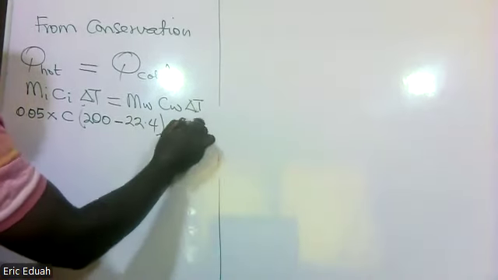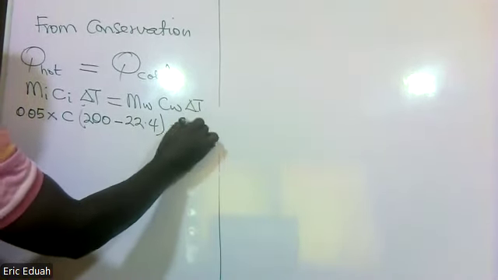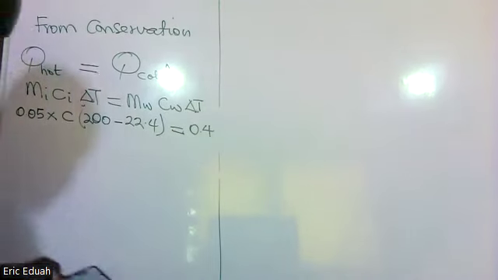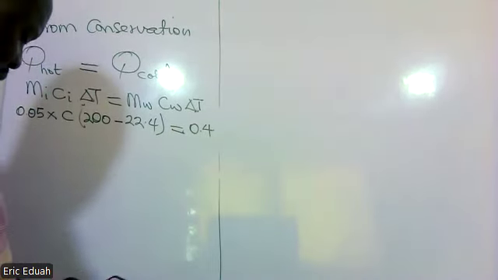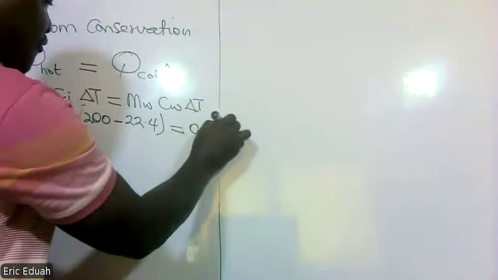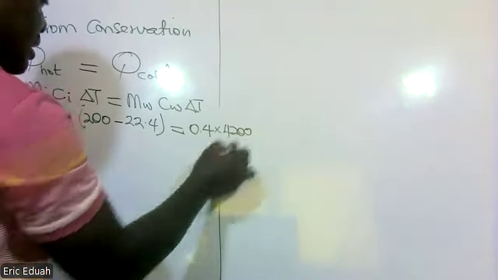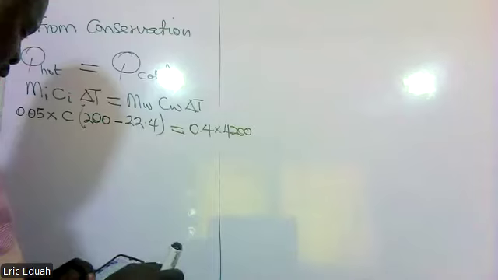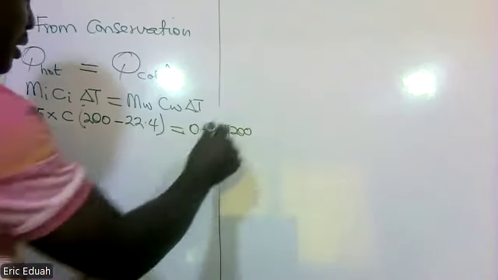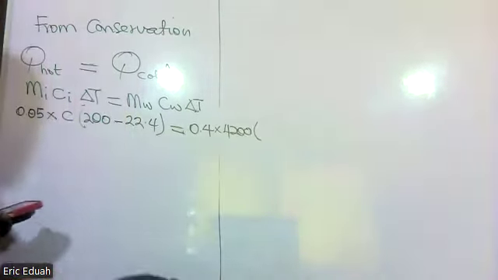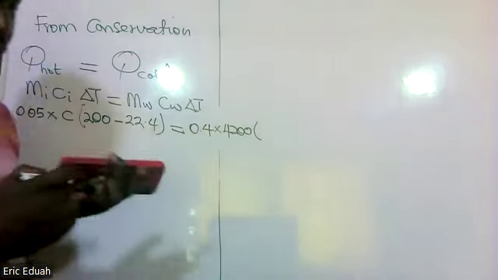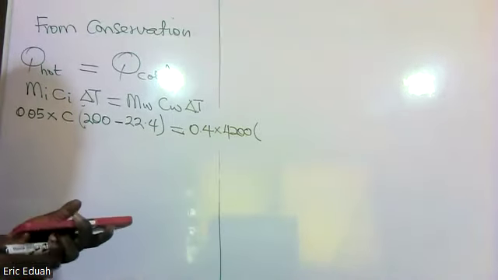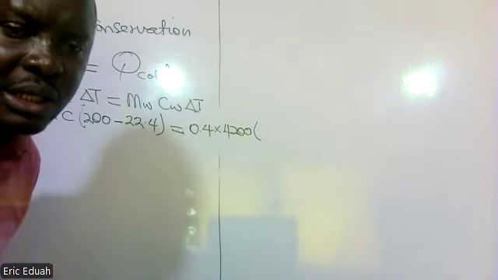This is equal to the mass of the water, 0.4, then the specific heat capacity of water, 4,200, times the change in temperature. The final temperature of the mixture is always greater than the initial temperature of the water because the water would gain.